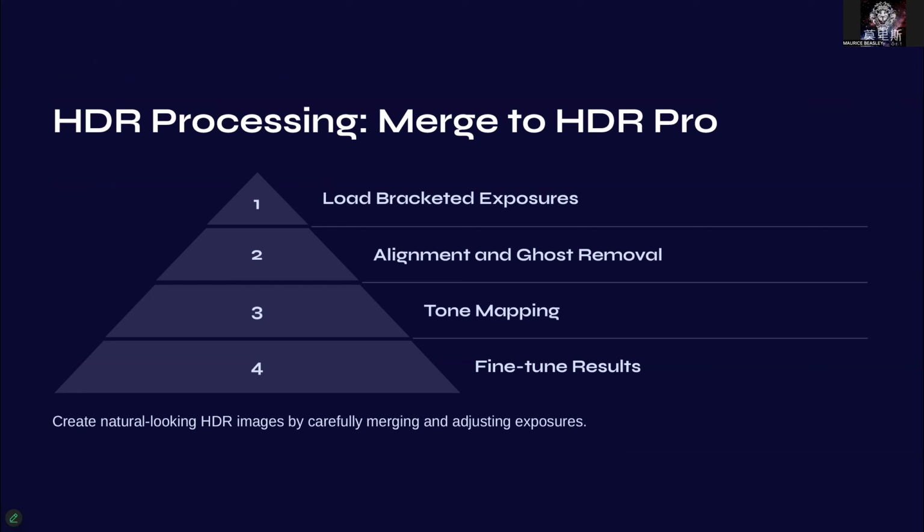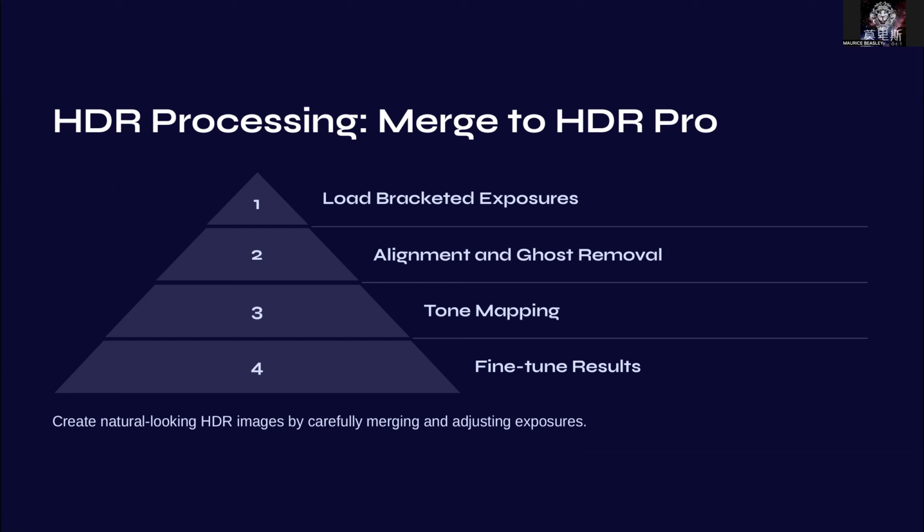Basically, things that move when you're taking these multiple exposure shots, you're not going to get the same picture every time. So the ghosts are those parts of the pixels that do not match in all the pictures. You're trying to get rid of those for those moving things so it doesn't look weird. You don't have a little ghost effect happening.